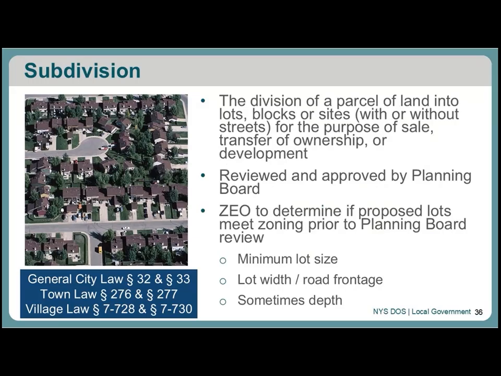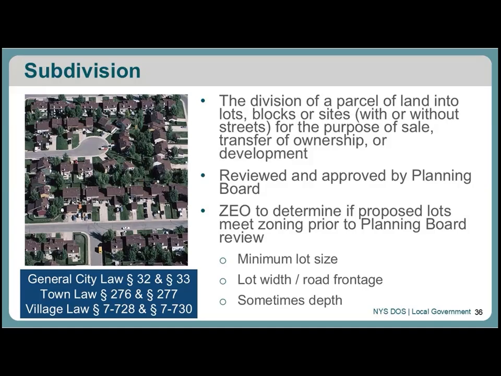In some of our more rural communities, this might be some of the only development pressure that you're seeing.